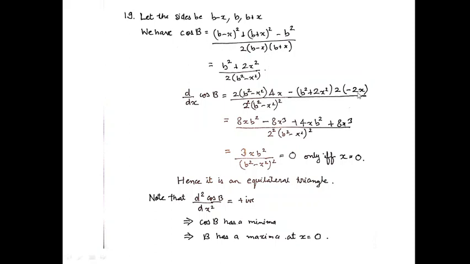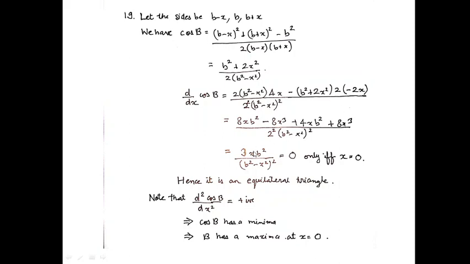2 into minus 2x, okay, and with a negative sign. So this on simplifying comes out to be 8xb squared minus 8x cubed plus 4xb square plus 8x cubed.